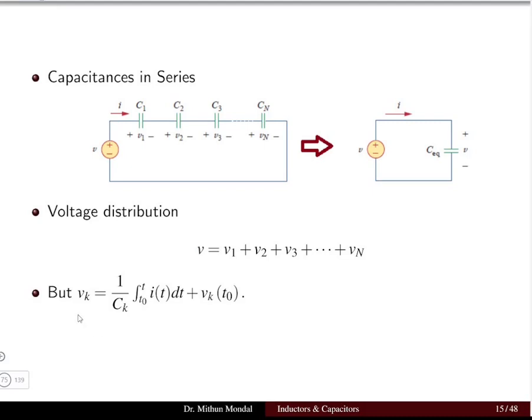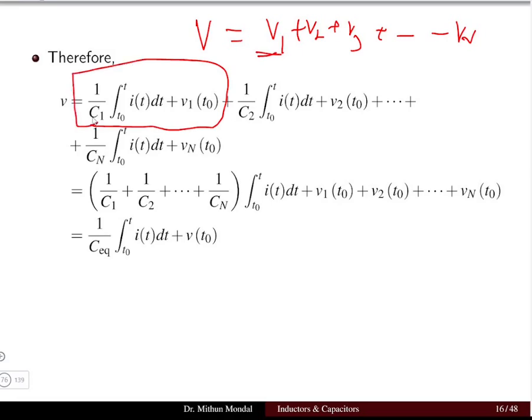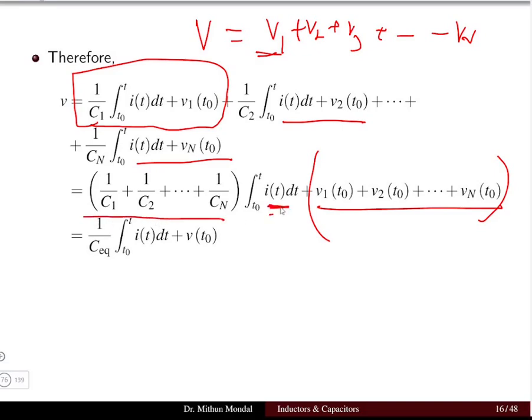Now you know that the voltage equation is 1 by C integral of i dt with some initial value. So if we put that equation in V, that is V equal to V1 plus V2 plus V3 up to Vn, and for V1 we put 1 by C1 integral from T0 to T of i(t) dt plus V1 initial, and similarly for V2 and similarly for Vn, and we take all the initial values outside and the capacitance common to the current integral i(t) dt, because for a series circuit the current will remain the same.